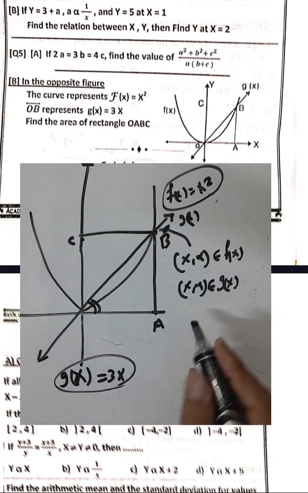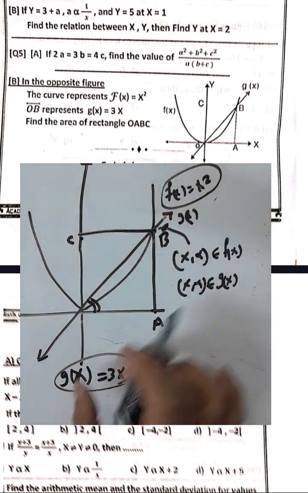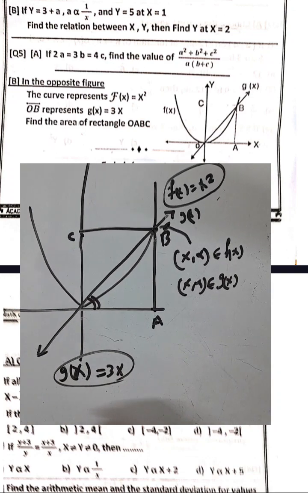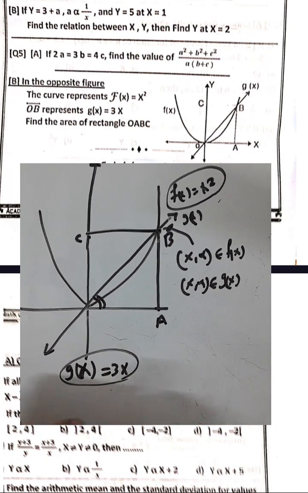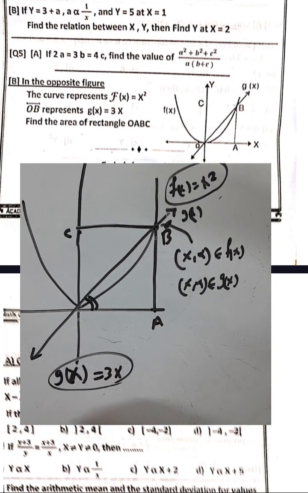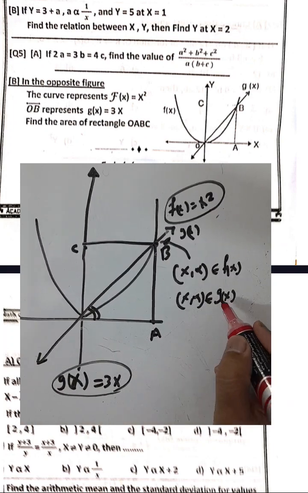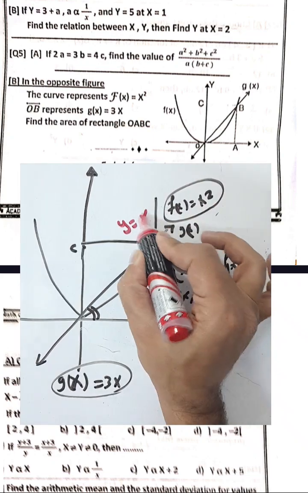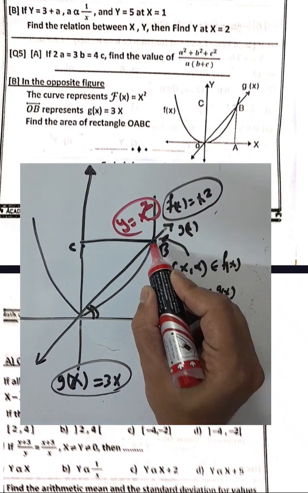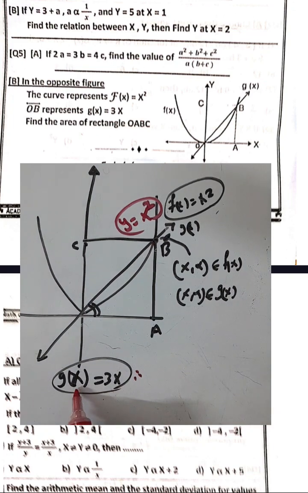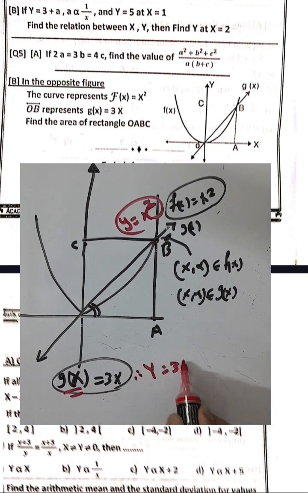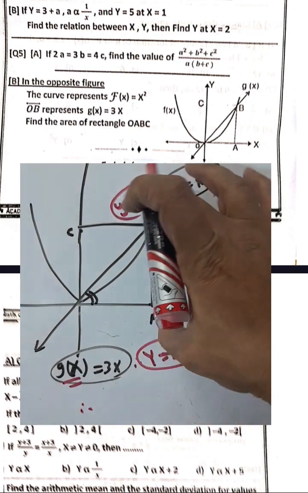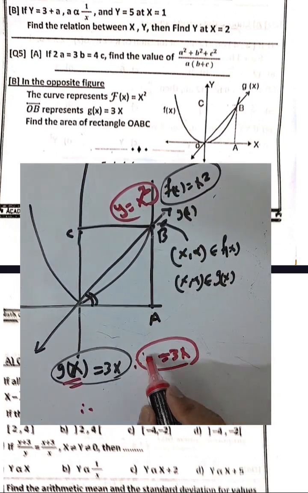Okay, put x and y in the first function and second function, then equate them. For the first function, f of x equals x power 2, you can write y equals x power 2. And in this function, g of x will be y equals 3x. Okay, then we will equate the two functions, because y equals y.